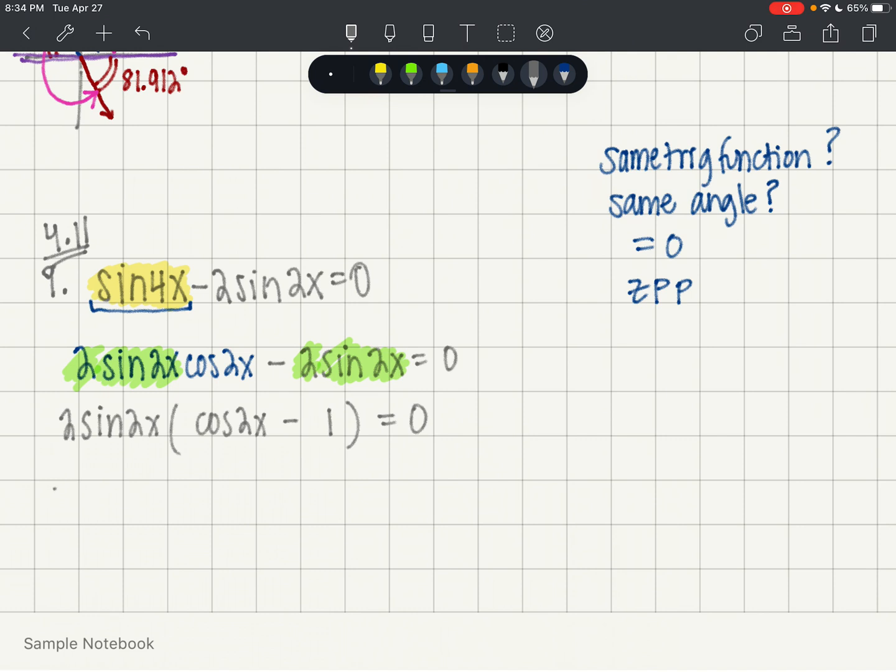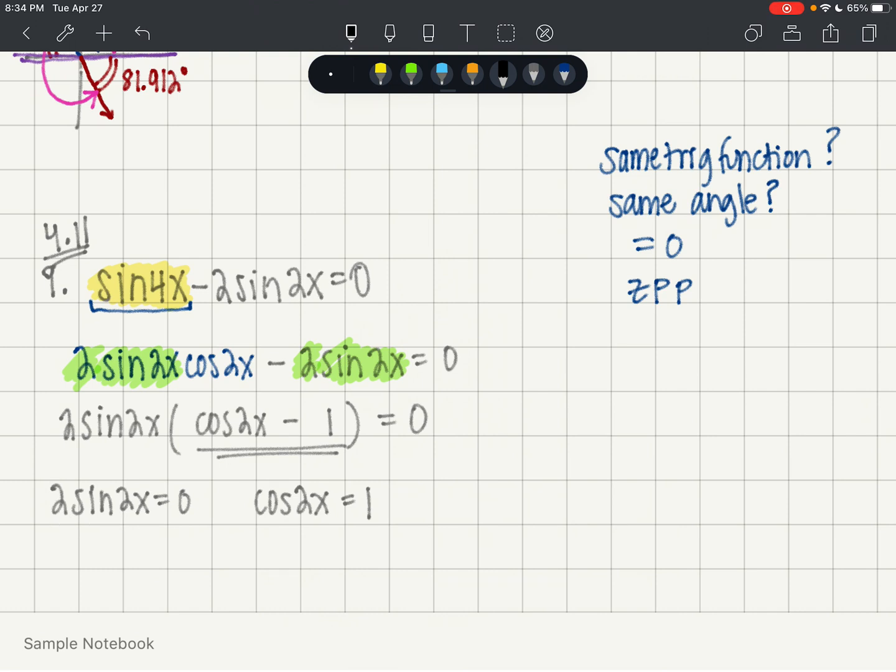Now I can use the zero product property. 2 times the sine of 2x equals 0, and the cosine of 2x equals 1. I just added that 1 over. When I set this equal to 0, add the 1 over, and I got it. Now if I divide both sides by 2 on the left-hand side here, I still get 0.